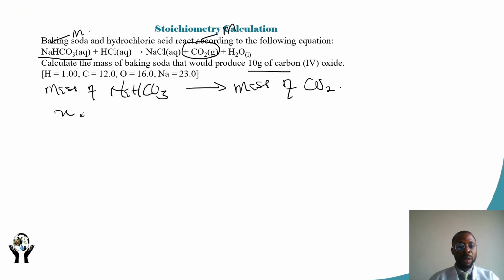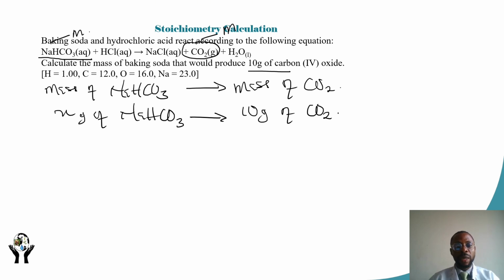So x gram of NaHCO3 will produce 10 gram of CO2. So it's a mass-mass relationship. That means we now go back to the equation and figure out the mass of NaHCO3 in that equation and the mass of CO2. So the molar mass of this one will be calculated.